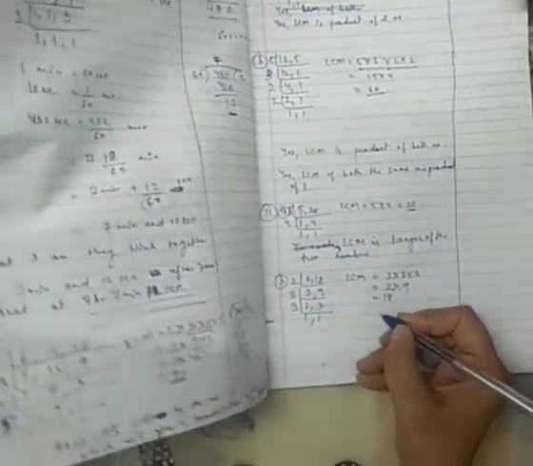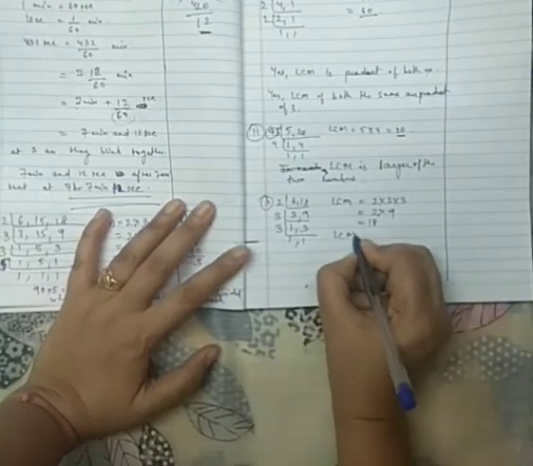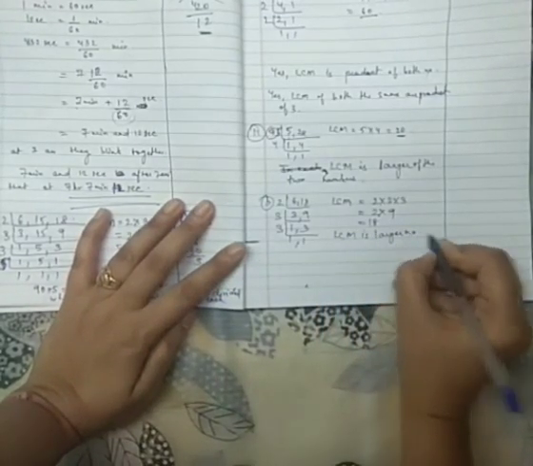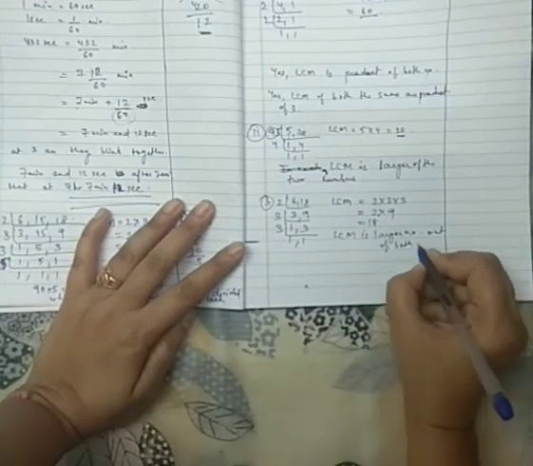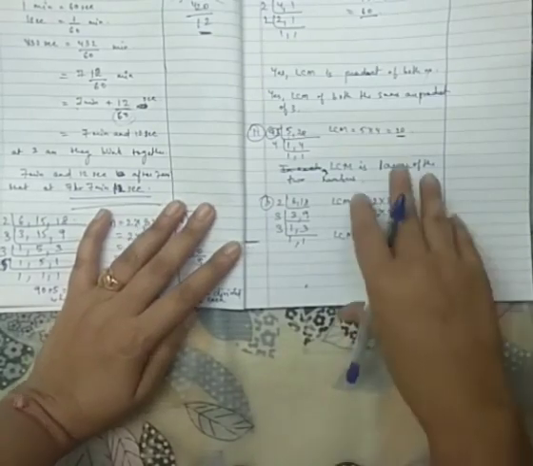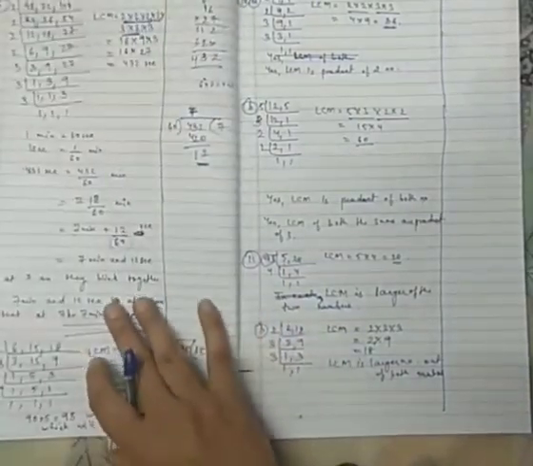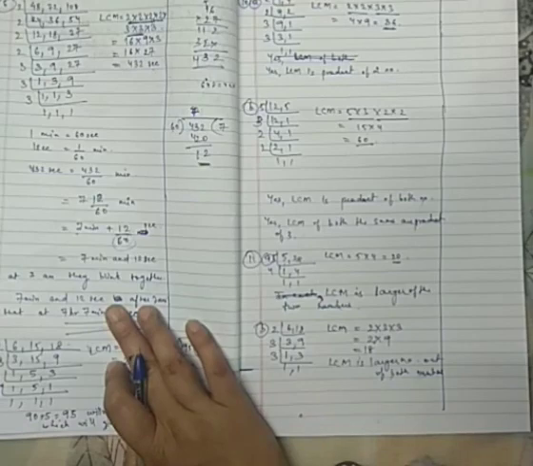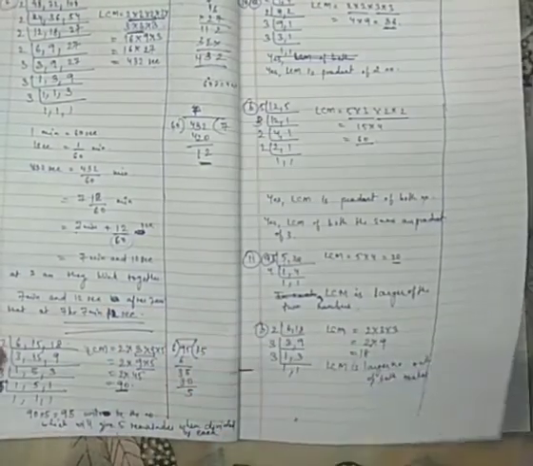So here also you can write LCM is the larger number out of both numbers. So this is all for today, children. Do homework, question number 6 and question number 9. That is your homework. Thank you.